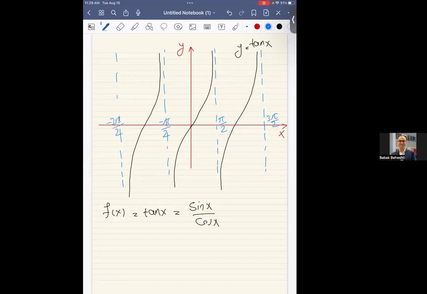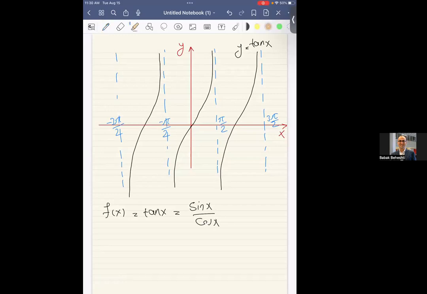So there are infinitely many points for which cosine is 0. So that means at these points, you have vertical asymptotes of tangent. Is that clear?